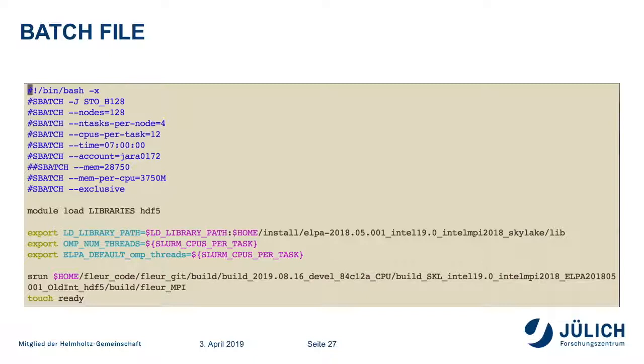This simulation will be killed after 7 hours. And I want to use the node exclusively, because some supercomputers are allowed to put several jobs from different people on the same node. So you usually don't want that.